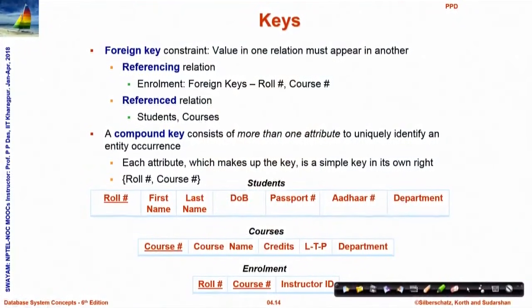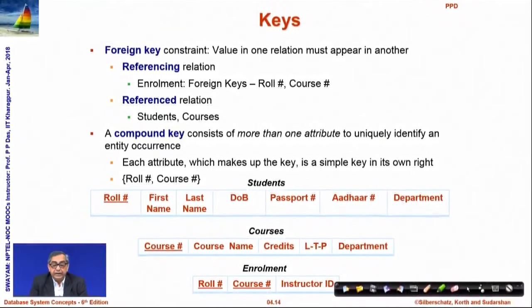A key is said to be compound if it consists of more than one attribute to uniquely identify an entity occurrence. So, each attribute which makes up the key is a simple key in its own right. Mind you, it sounds very similar. We talked about composite key earlier, and we are talking about compound key here.